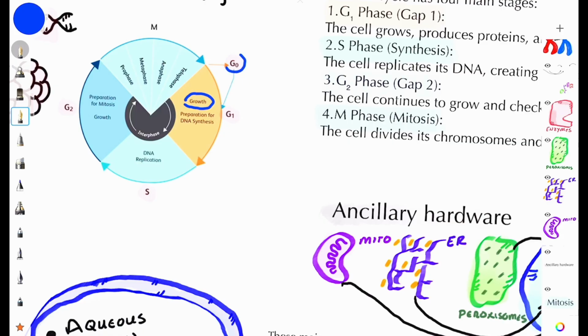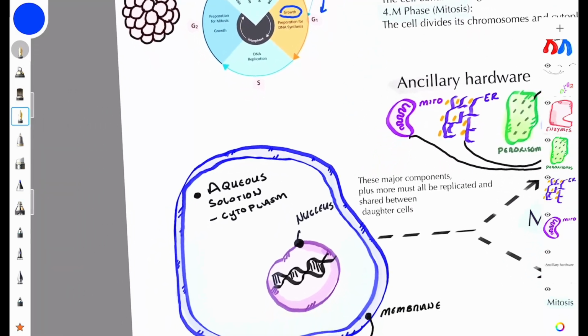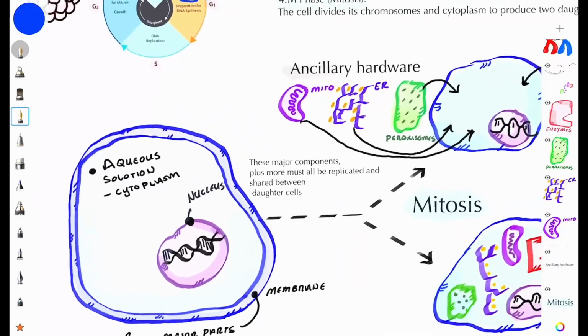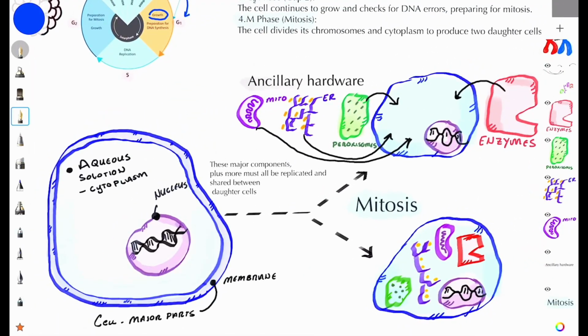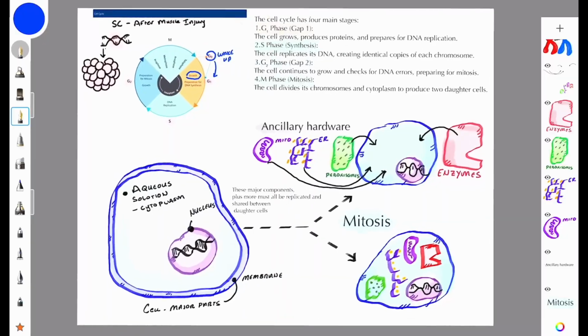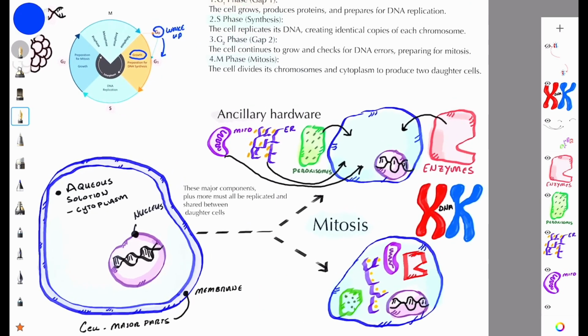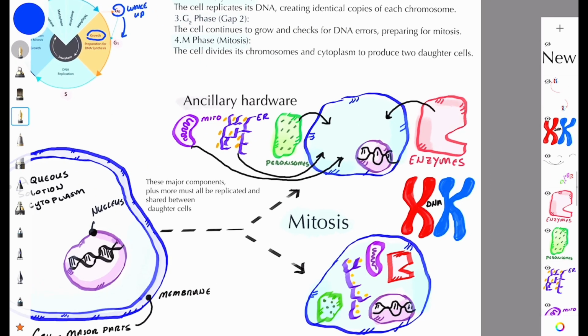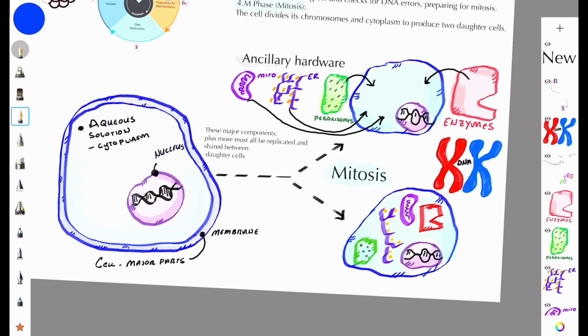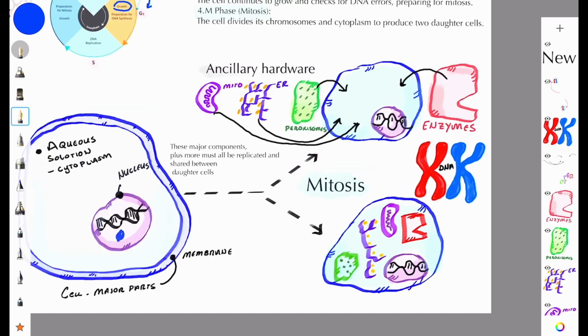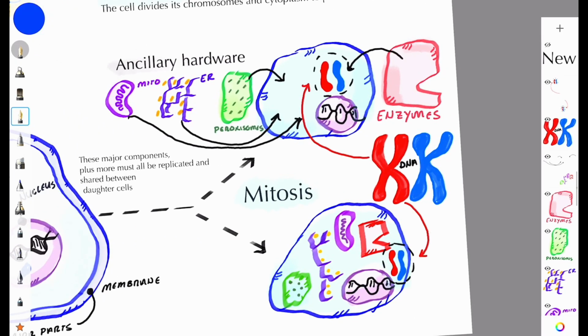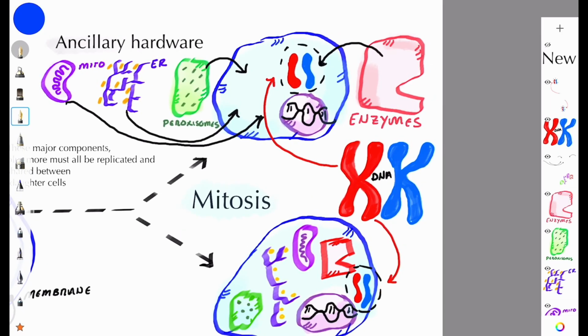So when we leave this quiescent stage and we wake up because we have an injury and we move into this G1 phase, the G1 phase means that we have to start building all of this hardware, all of these organelles to start putting into the two differentiated cells. And we also have to start thinking about separating that DNA. So we have all that chromosome, which is here. We have these chromosomes that have to be split and placed into the daughter cells as well.